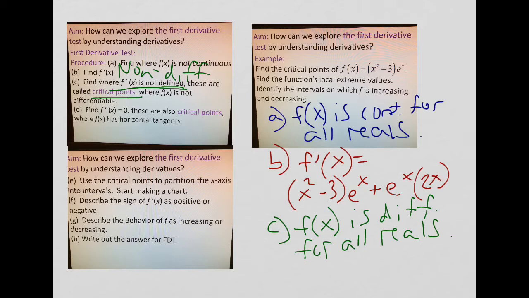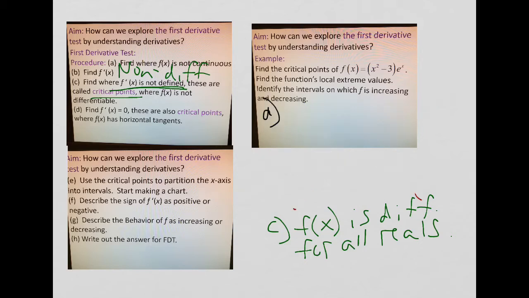Now let's do part D, and I'm kind of running out of space here, so I guess I'll erase A and B. So part D. So we want to set f prime of x equal to 0 to find any other critical points. If we find anything here, these are our only critical points. So let's do our derivative equal to 0.